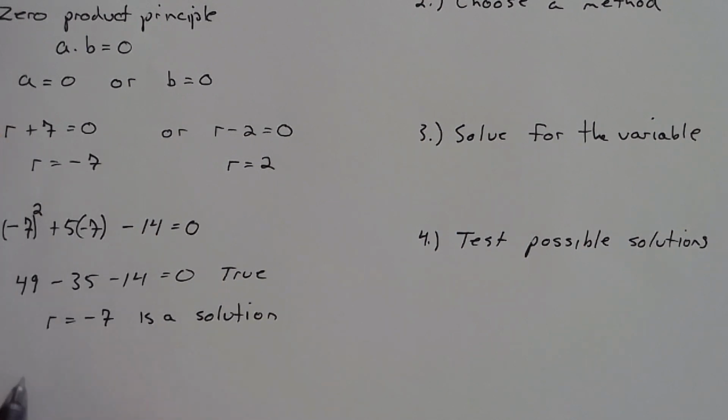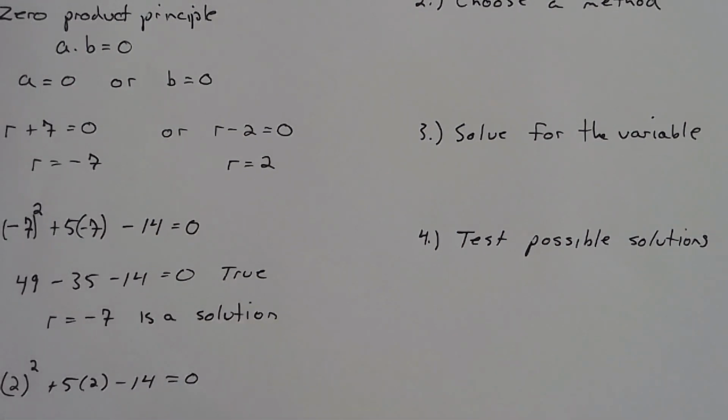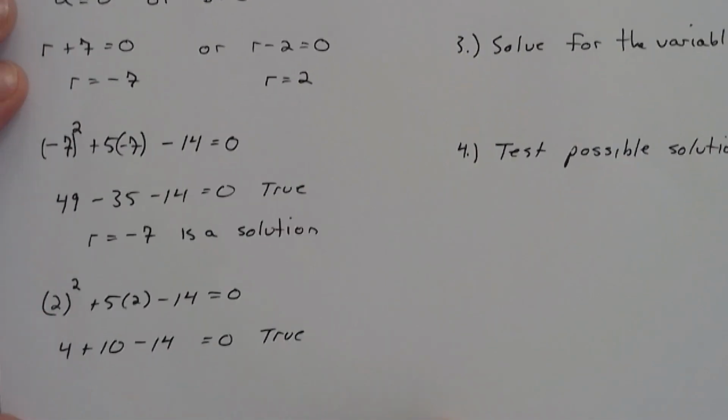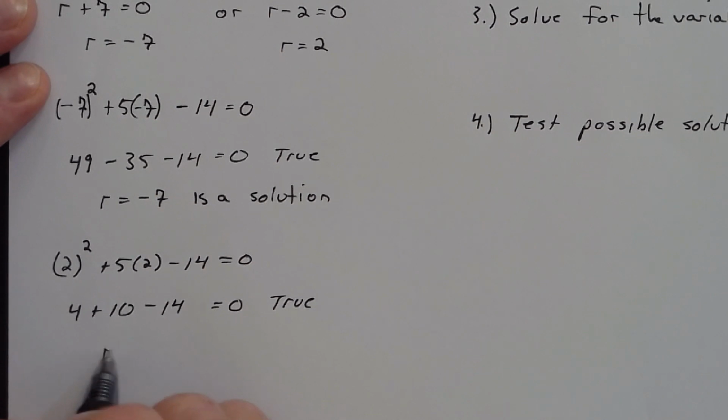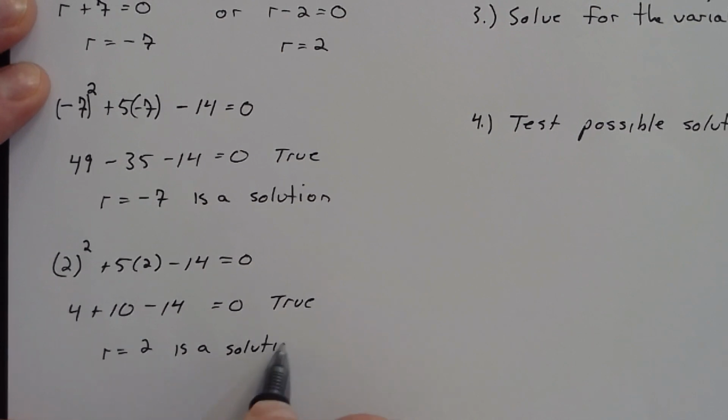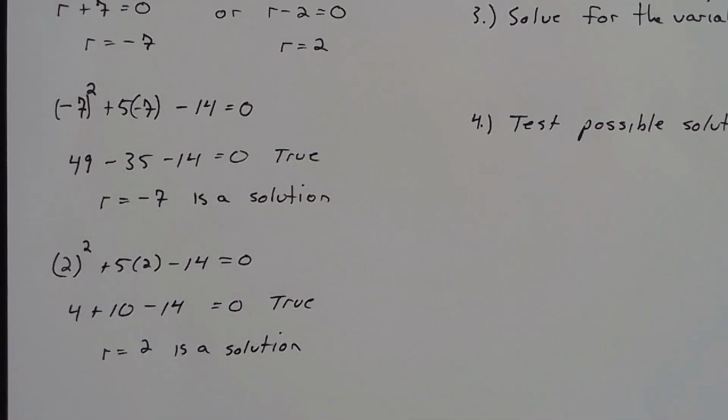And now we'll test 2. So r is equal to negative 7 and r is equal to 2 are both solutions. And we're finished.